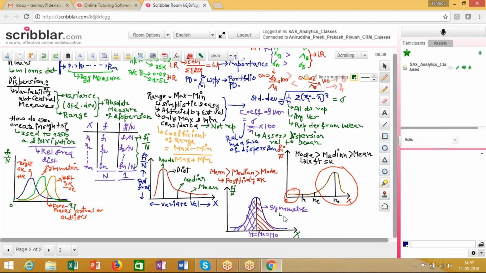So for a symmetric distribution, the tails of the distribution are symmetric in nature.